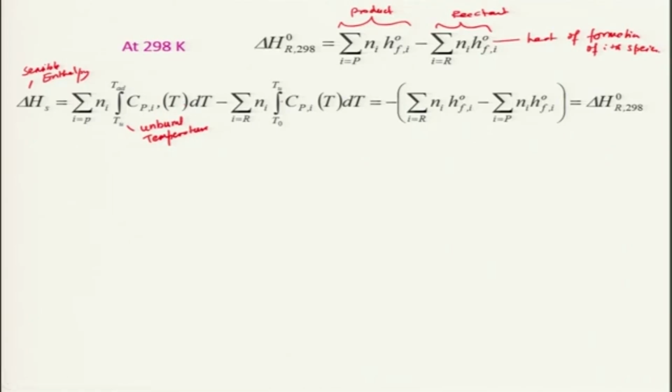And this is Ni times the integral of Cpi dT for the reactants, from T naught, the initial temperature, to the unburnt temperature.